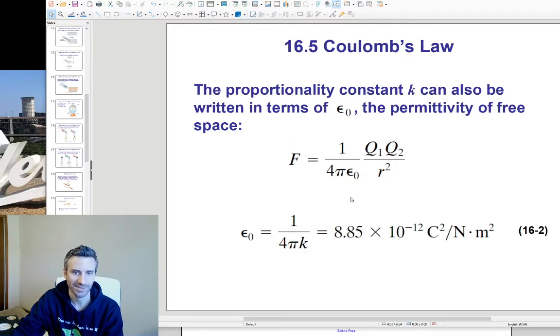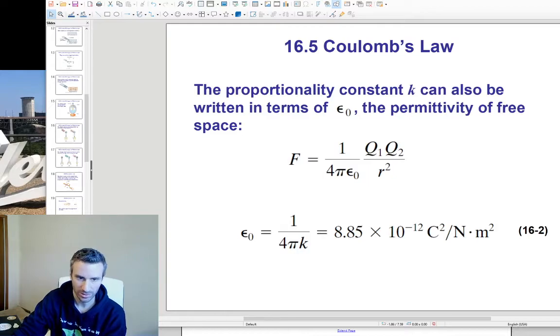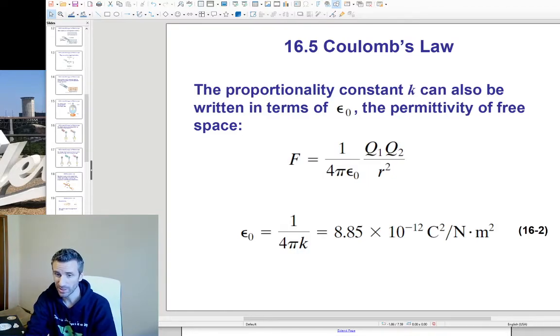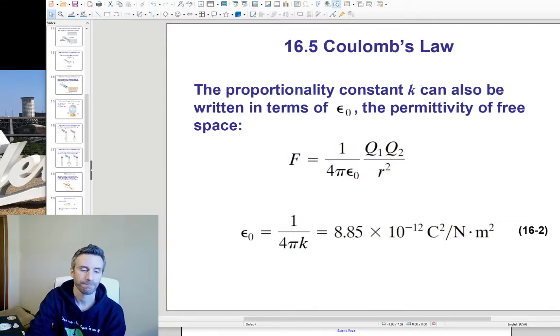But for us, all that we need to know is that there's a direct conversion between K and epsilon naught. Okay? There really isn't any further understanding that needs to be done more than that. You guys know that I hate to do that sort of thing, but it's just one of those things that's not worth going into more. Maybe in AP Physics 2, but not for us. Okay? So I'm going to move on. Just know that there's that conversion.